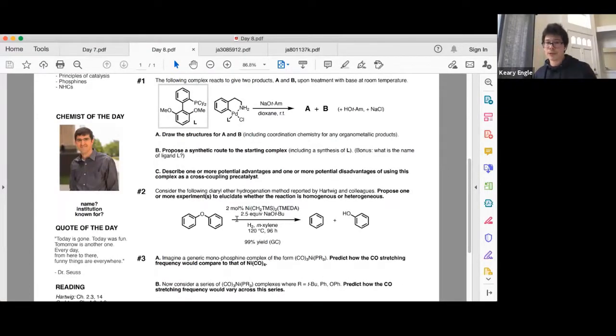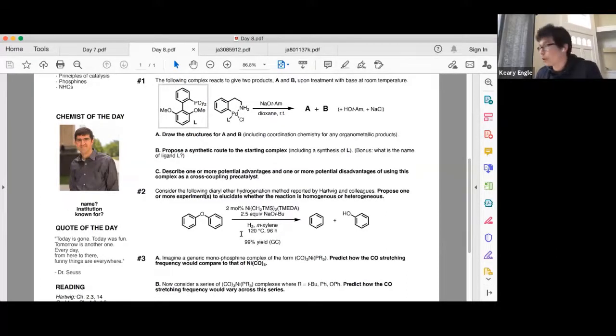Okay, so this is a reaction published by the Hartwig group. It's an unusual type of hydrogenation where you're cleaving an aryl oxygen bond, H2, nickel. They have different versions of this, different reaction conditions, but I just want to focus on these specific conditions. And I think what would strike you if you're looking at it is high temperature.